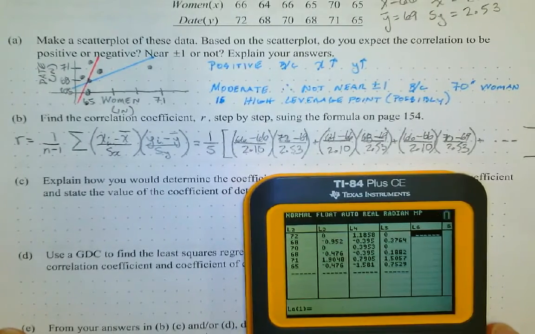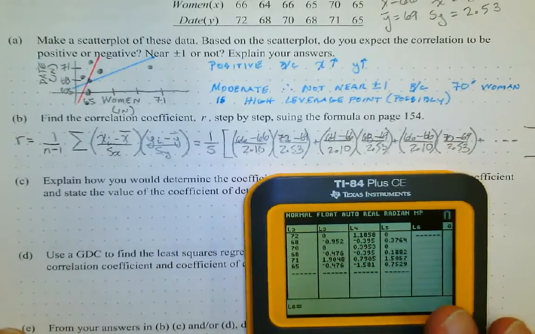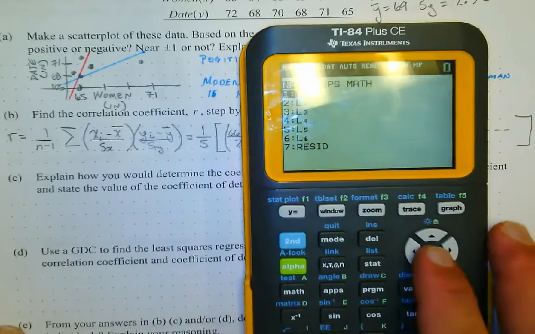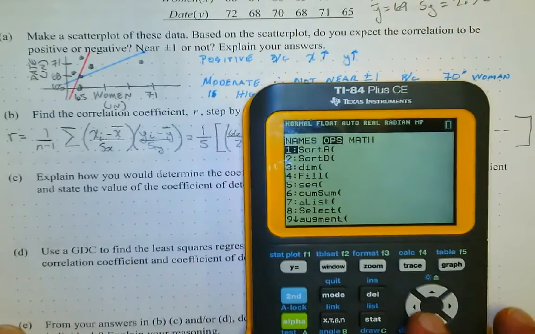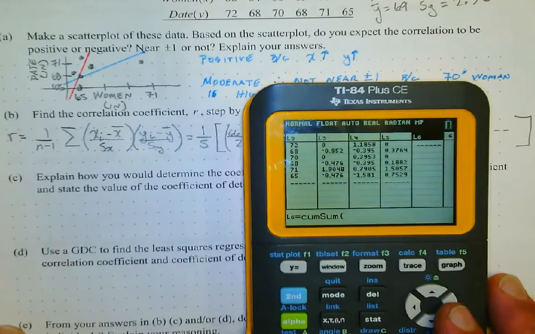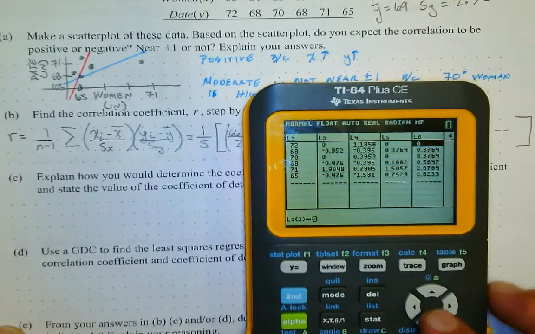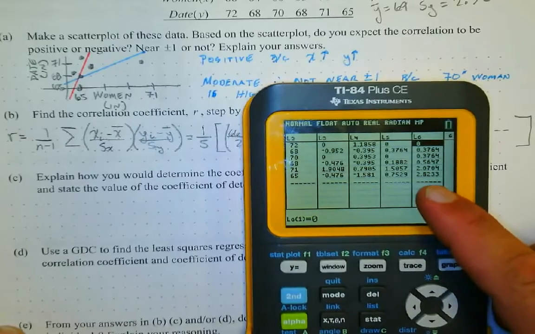And then in L6, I need to find their cumulative summation, so I'm going to hit second stat to get into the list operations. I need the cumulative sum, and I want the cumulative sum of L5. And so, boom, there I have my cumulative sum, this 2.8233.